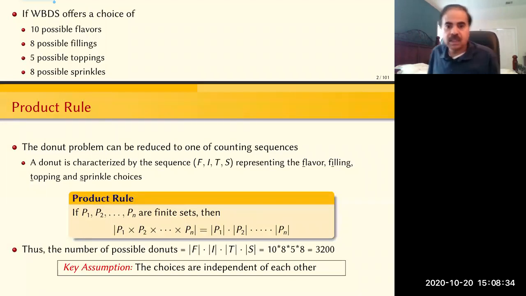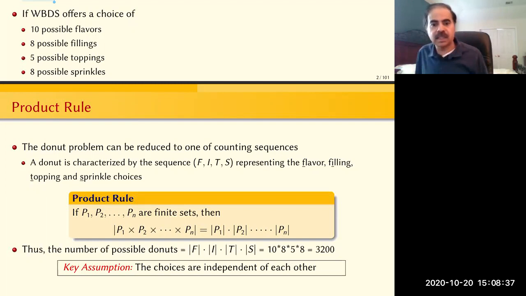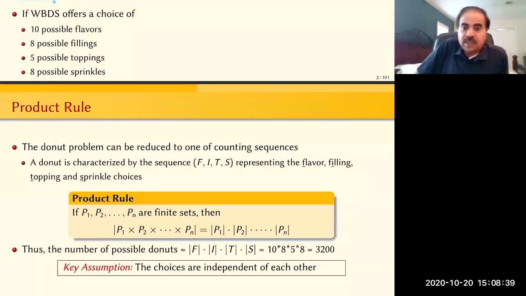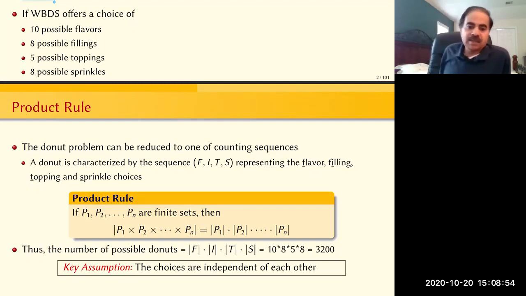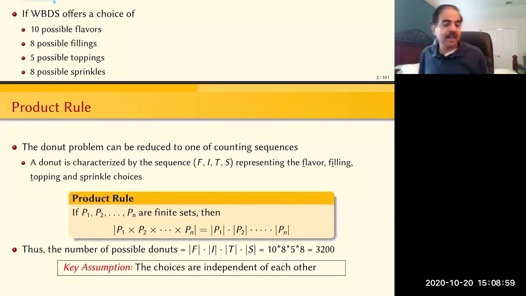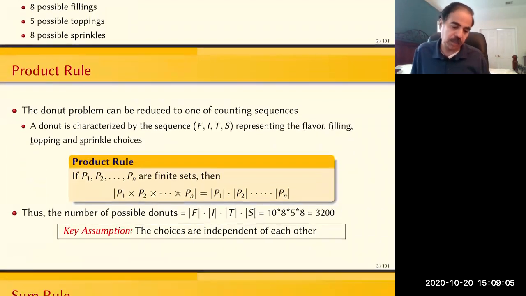I need to work out the schedule for the next midterm. The date of the next midterm is set, but before the midterm you have to have the homeworks, and then we have to have time between the homeworks and the midterm to prepare. So I have to calculate all of that, and then I will set the deadline. But certainly the homework is coming out in the next day or two.